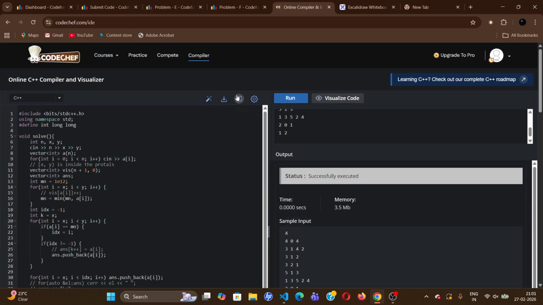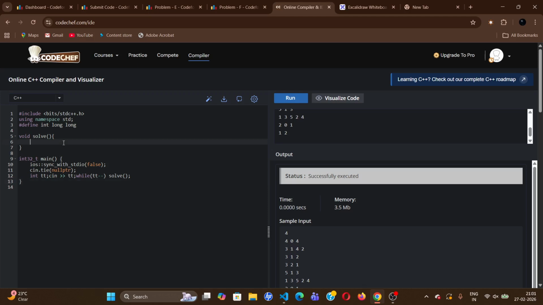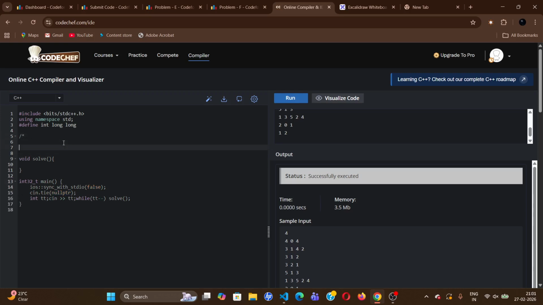Okay, so the thing is, if we break it like 30, what will be the factors? 2, 3, 5.